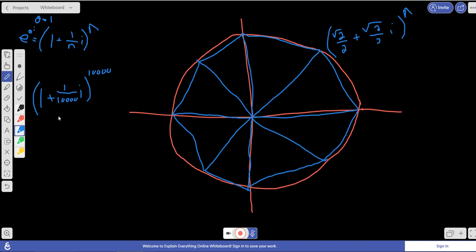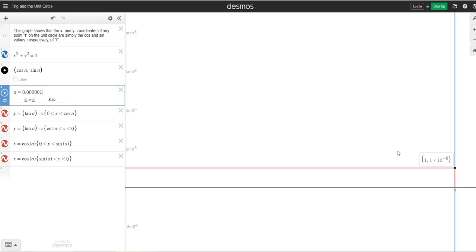So how does this help us understand our e to the theta i? Well, if we were to start at a point like radical 2 over 2 plus radical 2 over 2i and raise that to a power, we would get a very poor approximation of the circle. However, we are not starting there. We are actually starting at the very right edge of the unit circle, right above 1 plus 0i, which is right here at the bottom right, if you can see that.